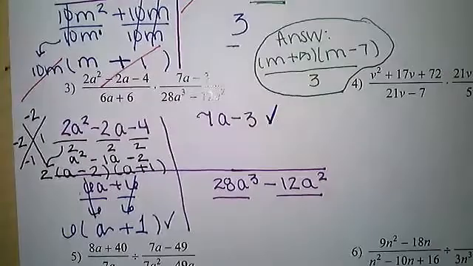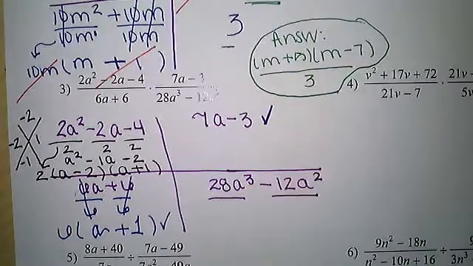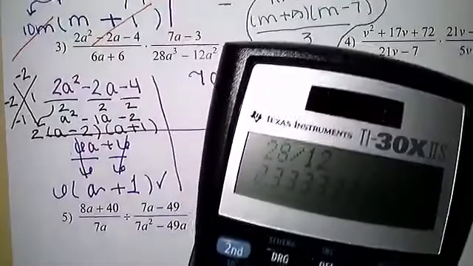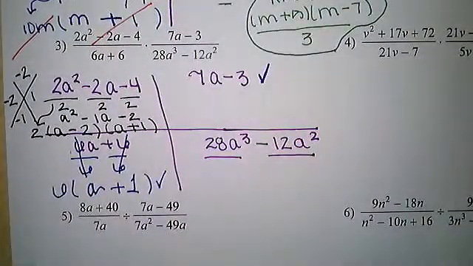This one over here, usually we do try the smaller number, but if we try 28 divided by 12, I get a decimal. So I want to try something different. Are there any other numbers that go into 28 and 12 that we could try? Maybe like a 4.